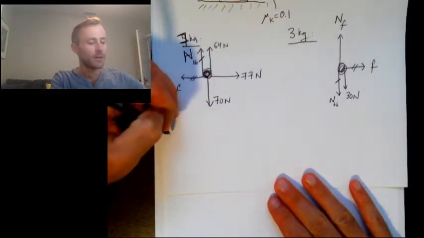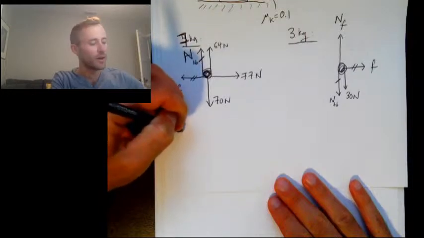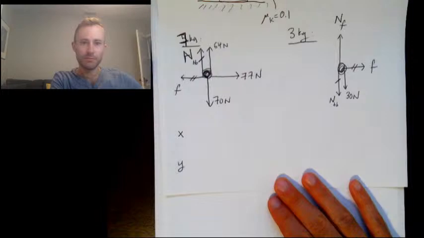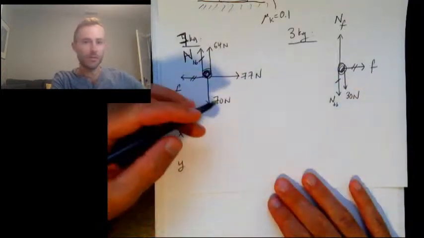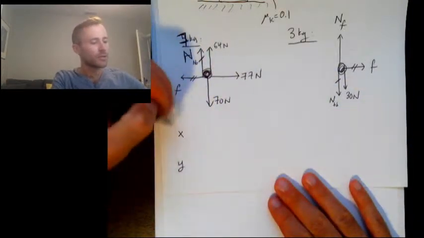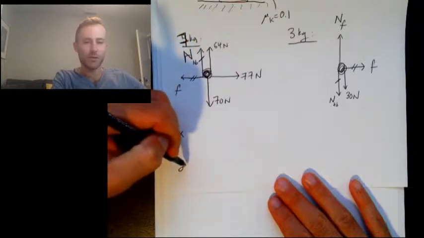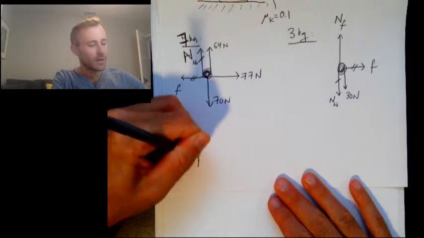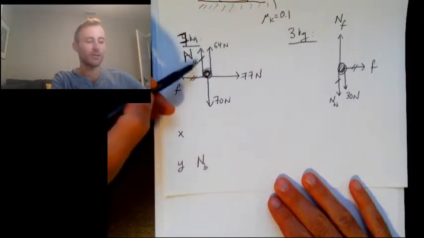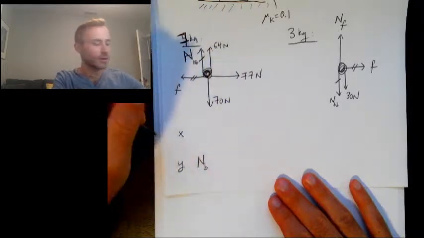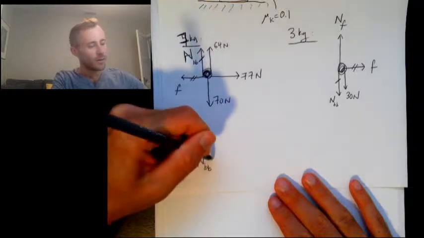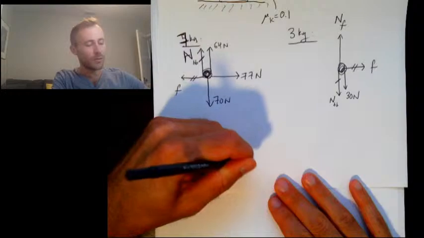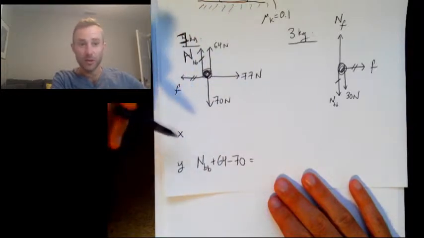We're going to write Newton's second law in the x direction and in the y direction for each block. Okay? So the net force in the y direction is up forces minus down forces. So NBB plus 64 minus 70 equals, now what is the acceleration in the vertical direction?